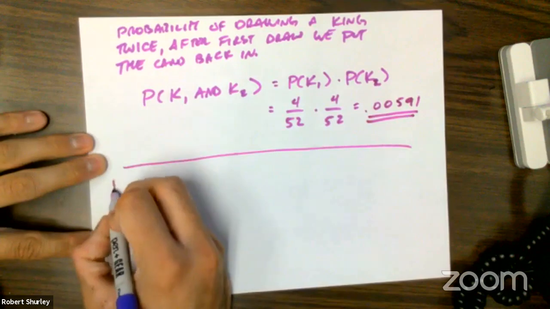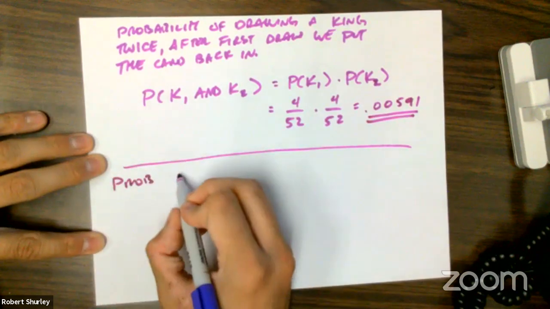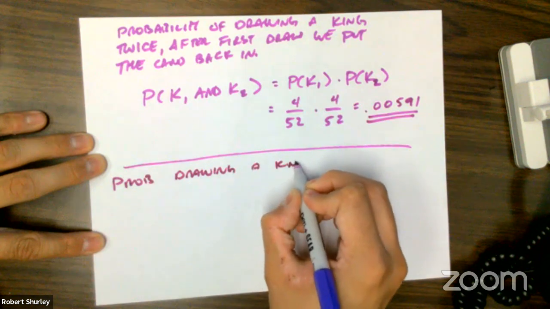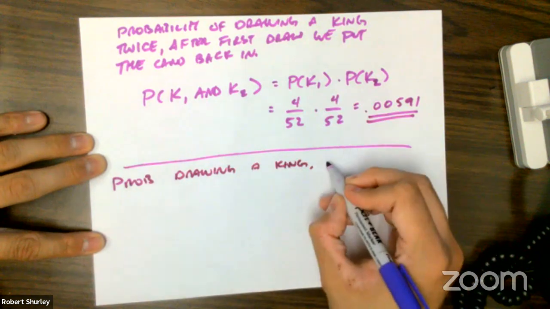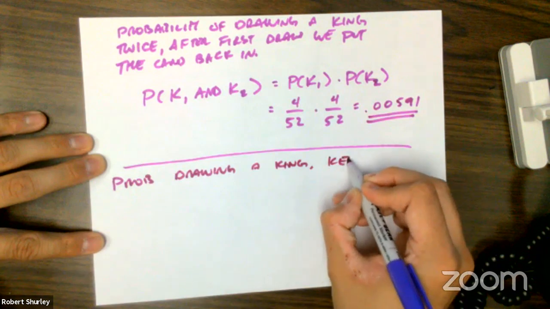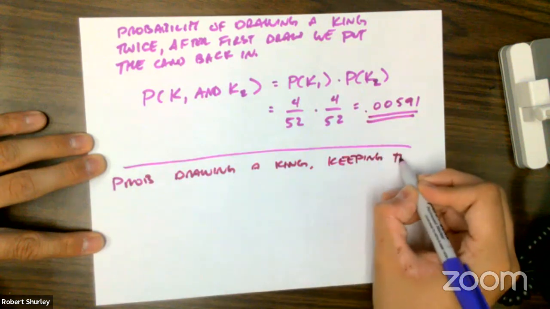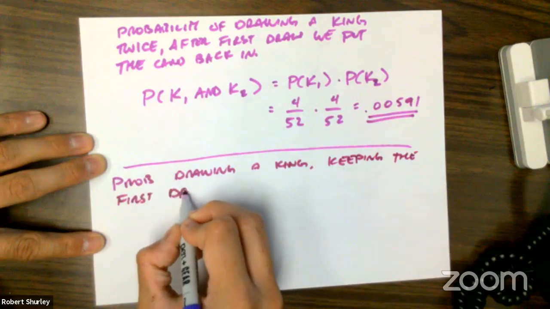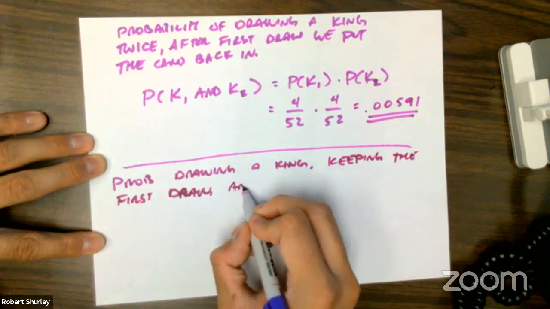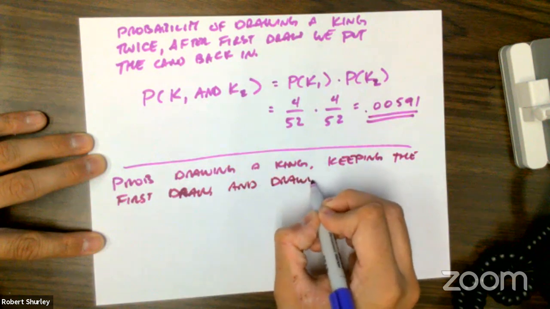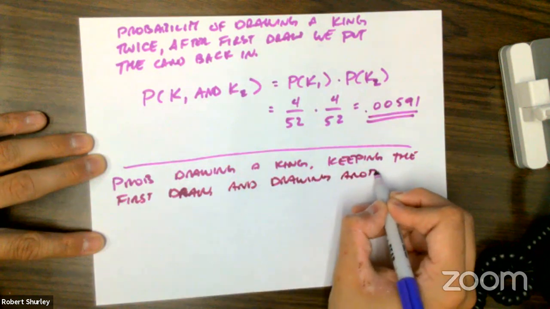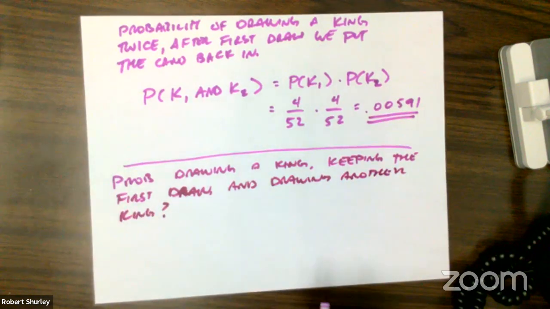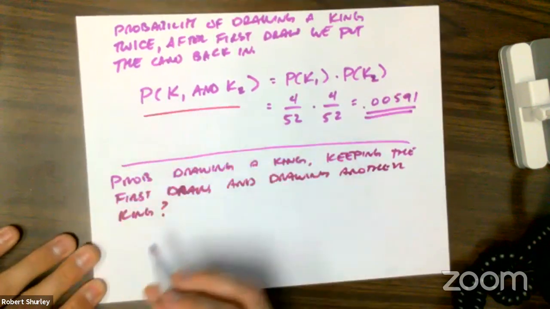Okay? What's the probability of drawing a king and then you keeping the card and drawing another king? So it's going to look the same, right?